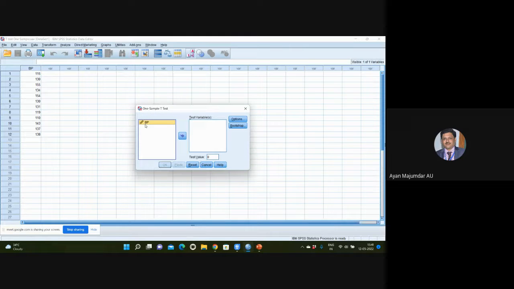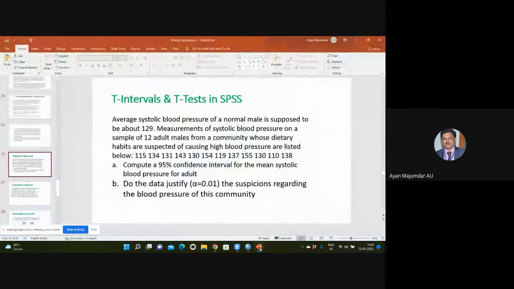We only have the one sample, blood pressure, so you select this as the test variable. We are to test it at a 95% confidence interval, so the alpha value should be 5%.